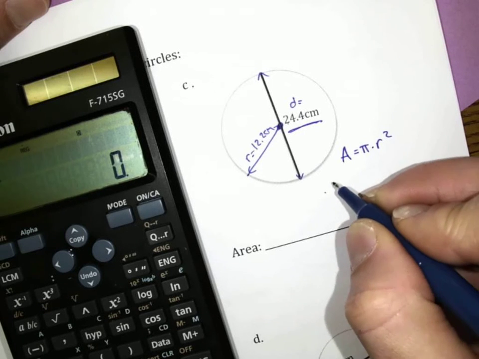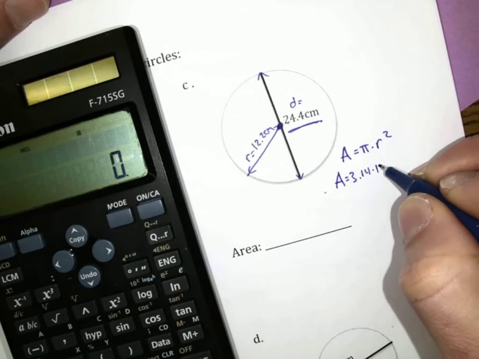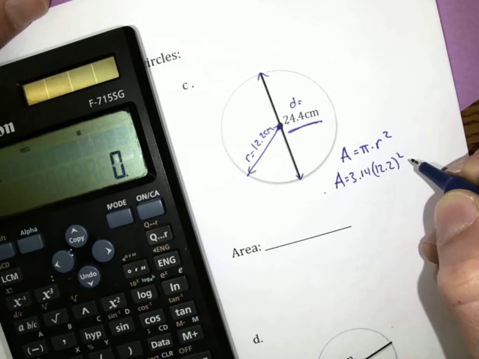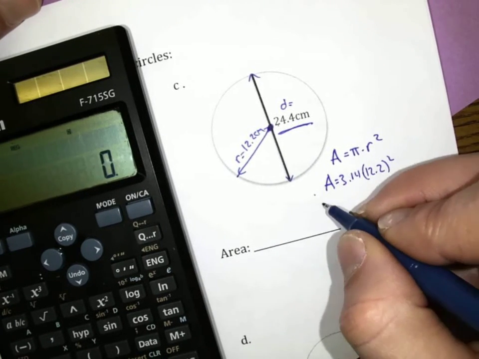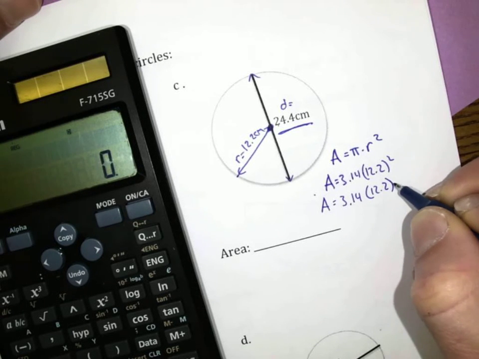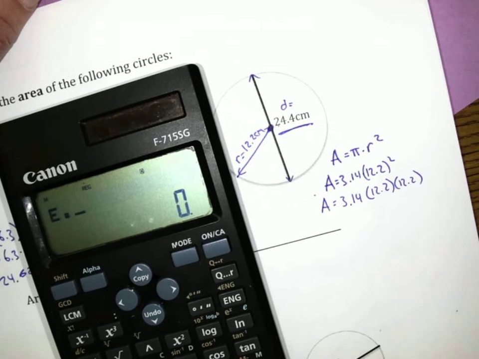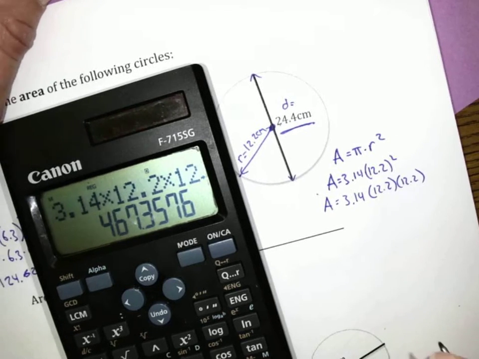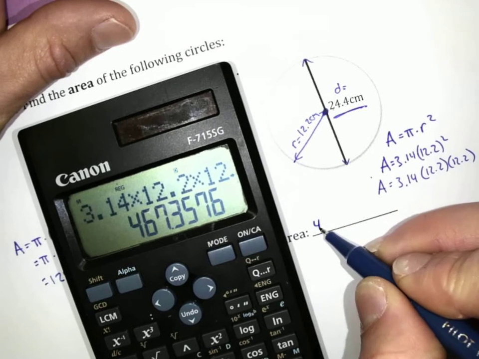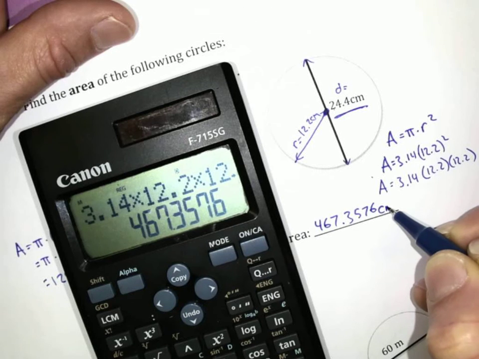Then we're going to find the area, and that's going to be pi, 3.14, times 12.2 squared. To be squared means to be multiplied by yourself, so I'm going to do it long form this time. 3.14 times 12.2 times 12.2, and we'll just see what that gives us. And we end up with 467.3576 centimeters squared.